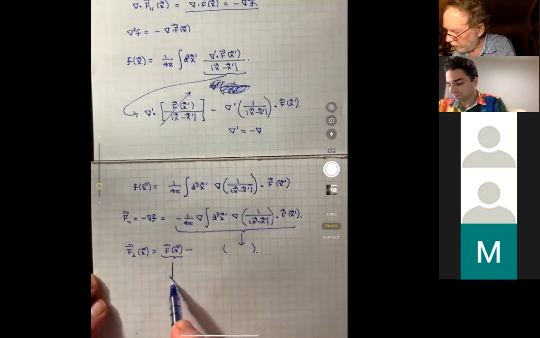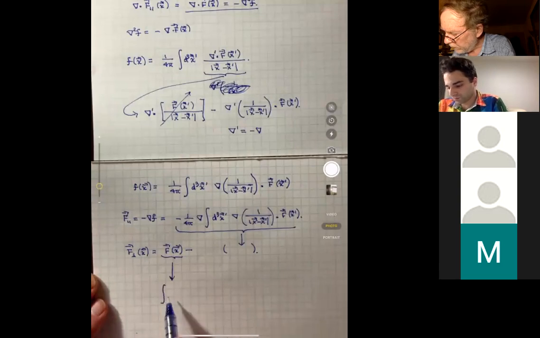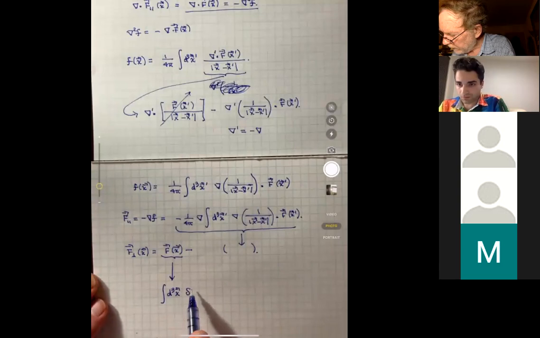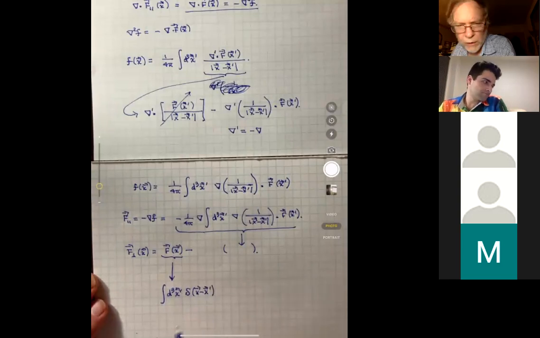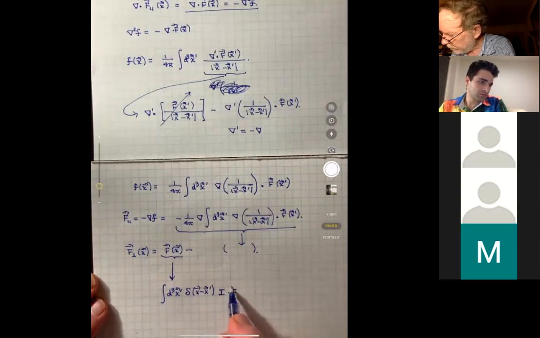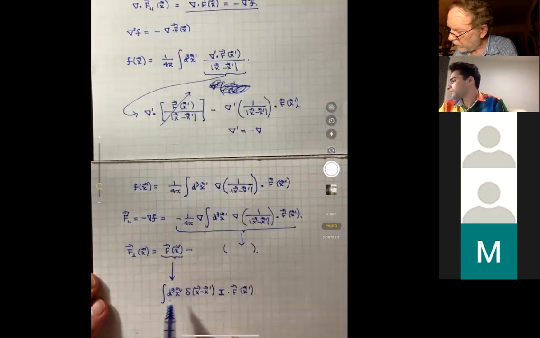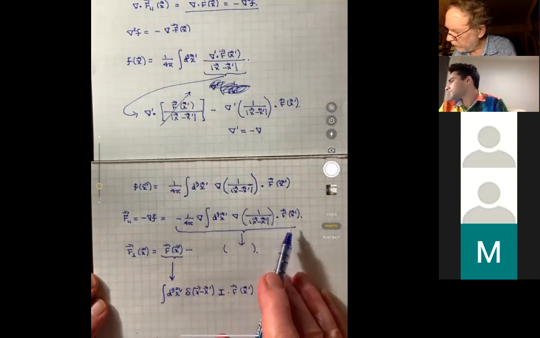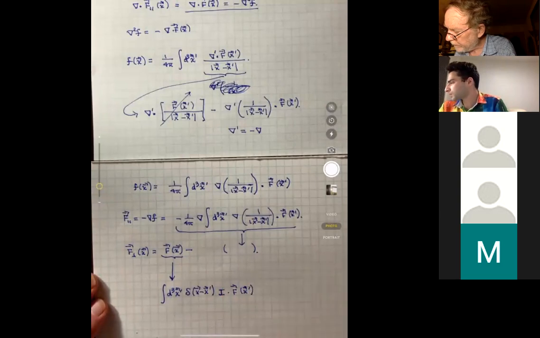And so we'll do it in the following way. We'll write this as the integral d cubed x prime of a Dirac delta function of x minus x prime, multiplied by the identity tensor, dotted into f of x prime. And so now both terms are integrals like this, with f of x prime on the right-hand side.